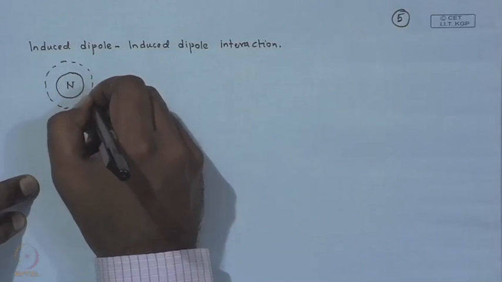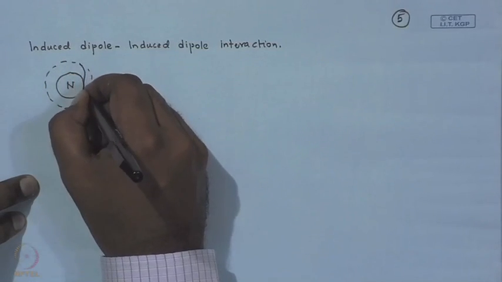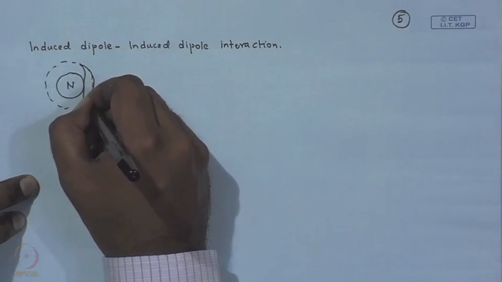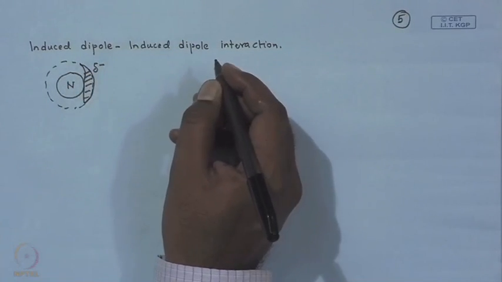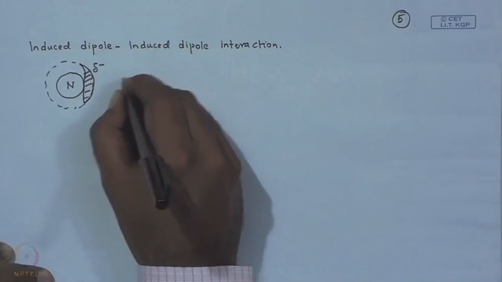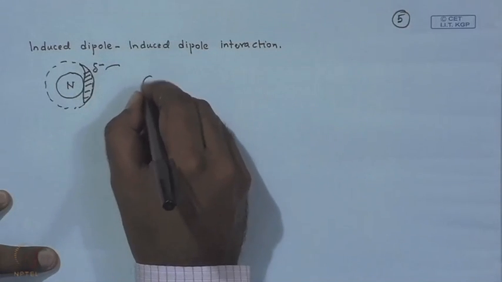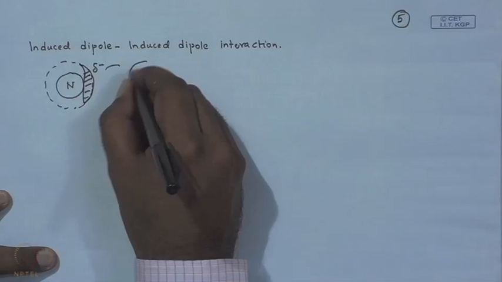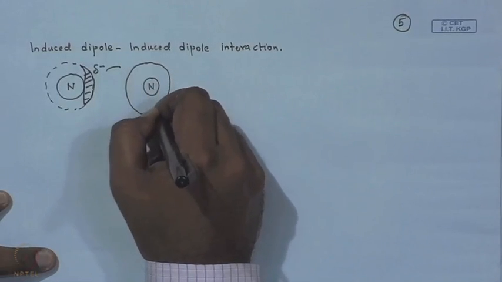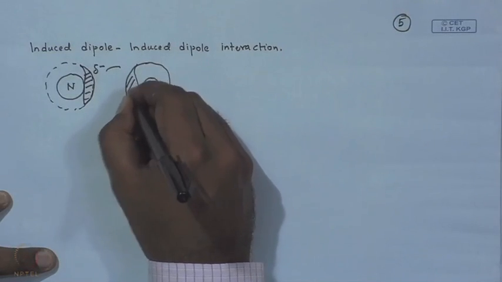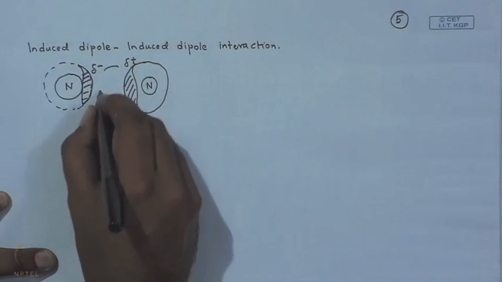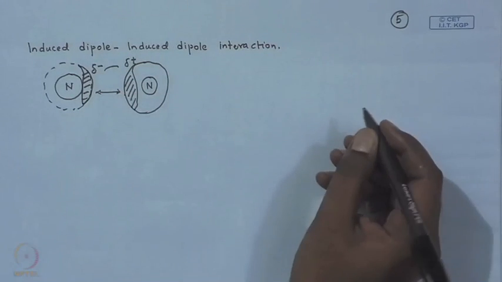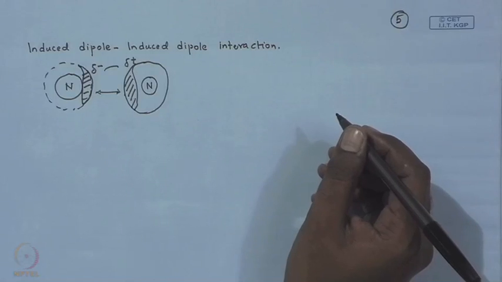It is due to the charge or electron cloud localization at any given instance of time. This results in a localized delta minus charge, which induces a mirror charge, delta plus, on the neighboring molecule, and as a consequence there is an instantaneous attraction.